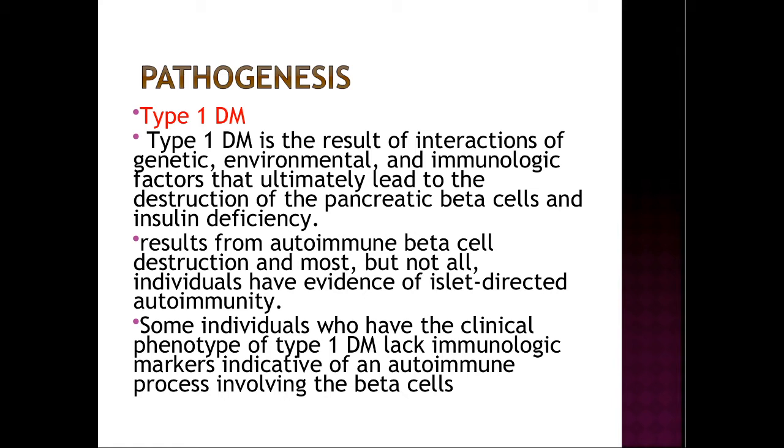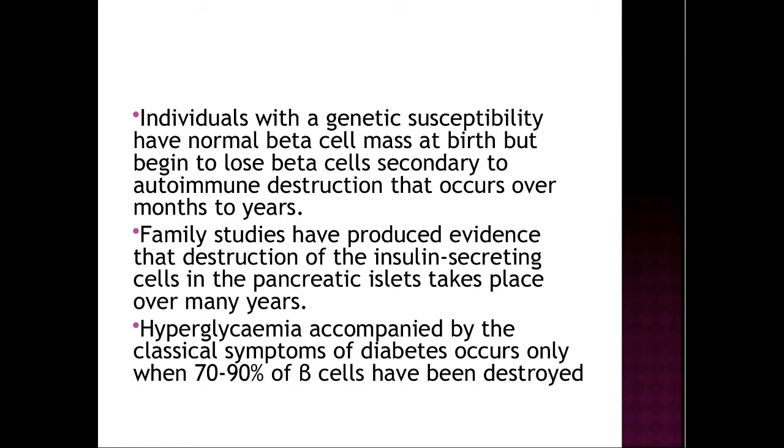It results from autoimmune beta islet destruction, and most but not all individuals have evidence of islet-directed autoimmunity. Some individuals who have the clinical phenotype of type 1 diabetes mellitus lack immunologic markers indicative of an immune process involving the beta cells.